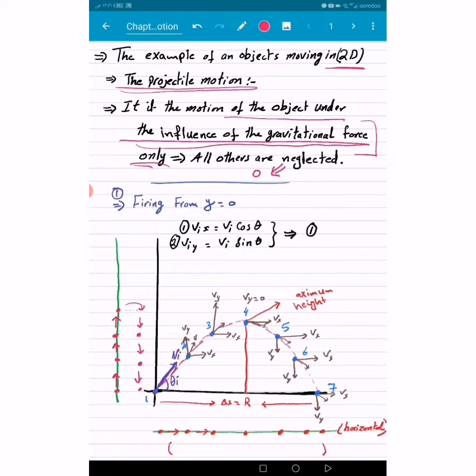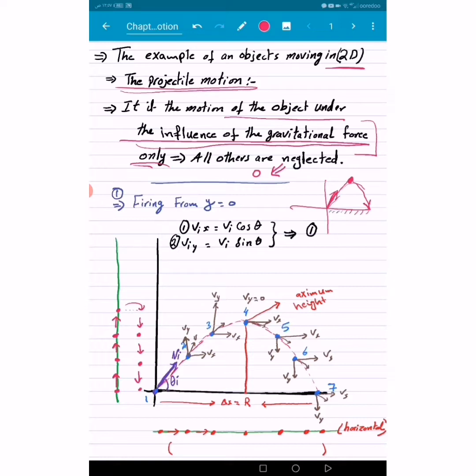So now we start to describe this. If you have any object and you fire it or launch it up, it moves up to a point, and from this point it falls down to reach the ground.